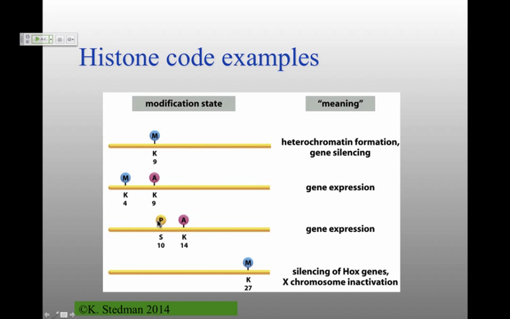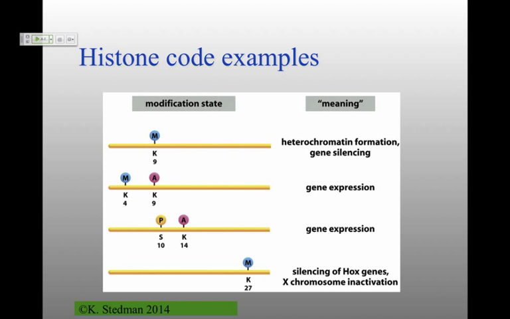Acetylation at 14 and 10, and phosphorylation at serine 10 lead to gene activation, etc. And so what it basically means is we've got lots of different modifications, and it's going to be those combinations of the modifications which are going to lead to the readout of that particular histone code.